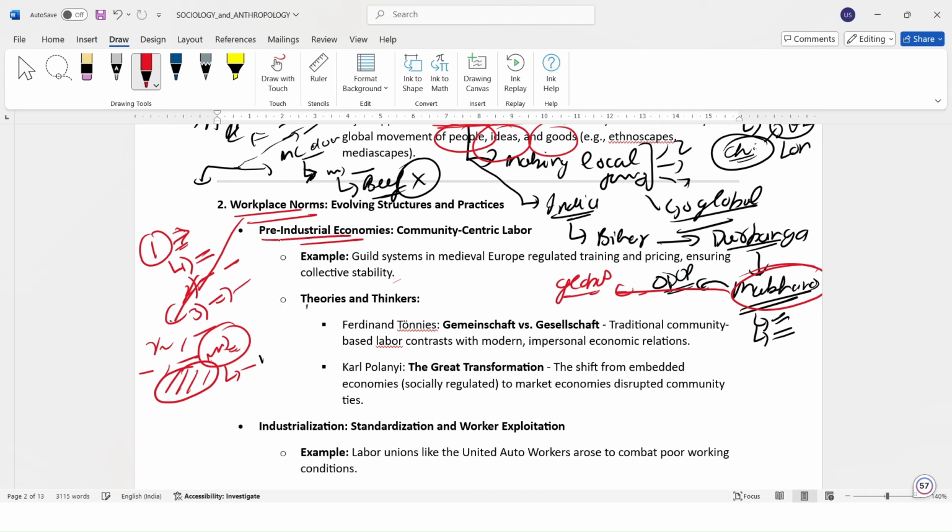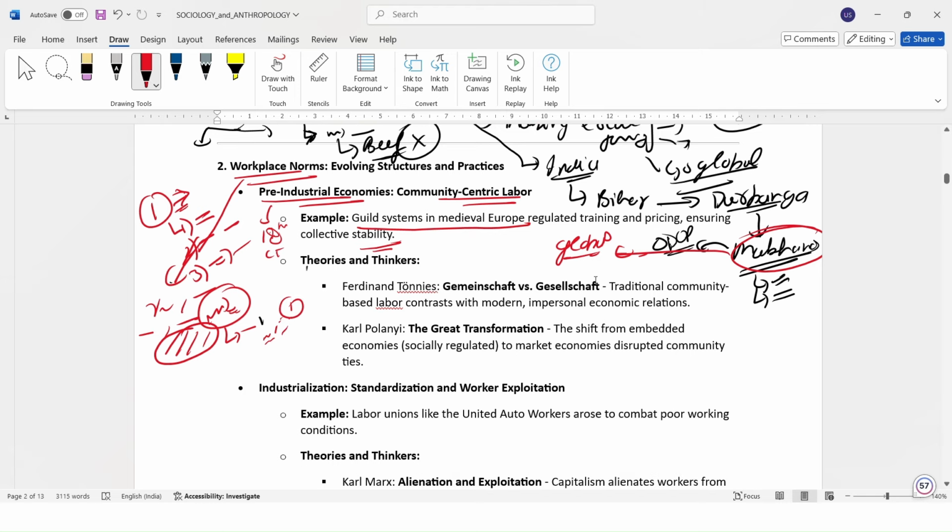So we have pre-industrial economies. This is post the agrarian age, but pre-industrial age, so basically pre-18th century. Labor was community centric. For example, guild systems in medieval Europe regulated training and pricing, ensuring collective stability. A whole community was engaged in only one kind of labor, and they used to do the work.